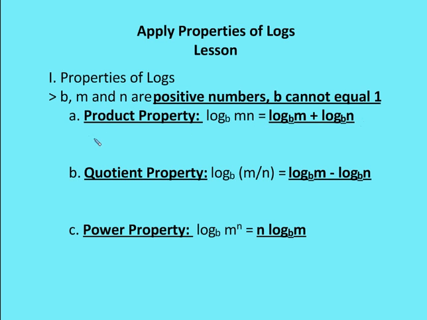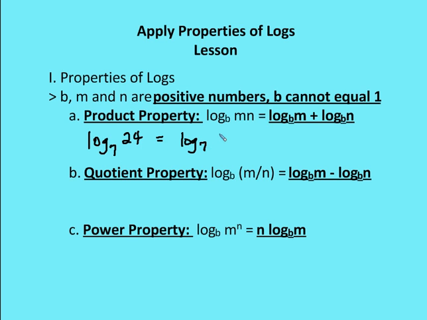So let's take an example, and we'll go through a couple more examples as we go through this lesson. Let's say log base b of 24, and we'll make b equal to 7. So log base 7 of 24 is equal to log base 7.